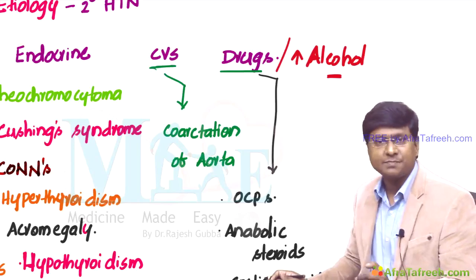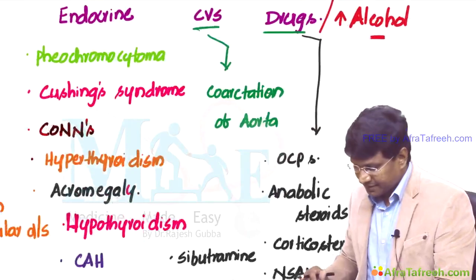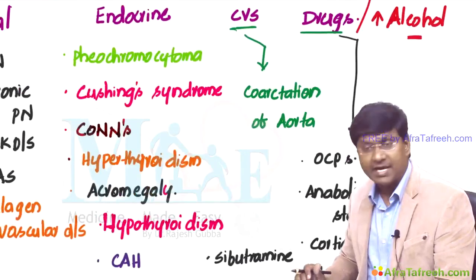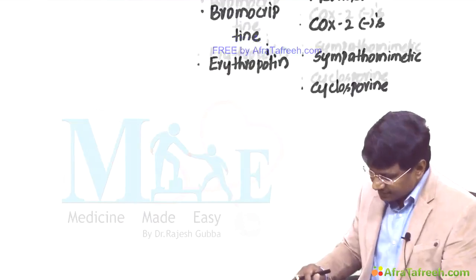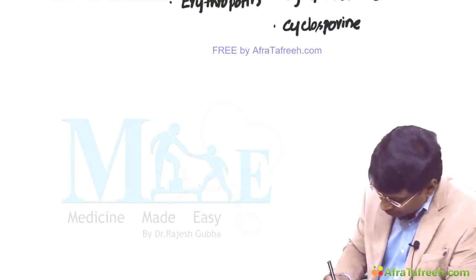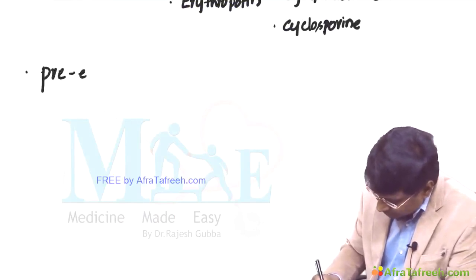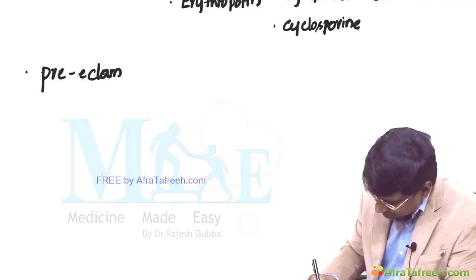Now, apart from alcohol and drugs, take the case of pregnancy. In pregnancy also, the individual can have hypertension. So what is that clinical condition where the individual has hypertension in pregnancy? That is called preeclampsia. That is also one of the secondary causes for hypertension.